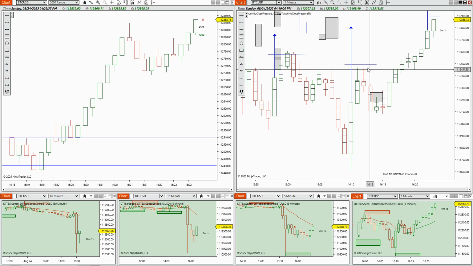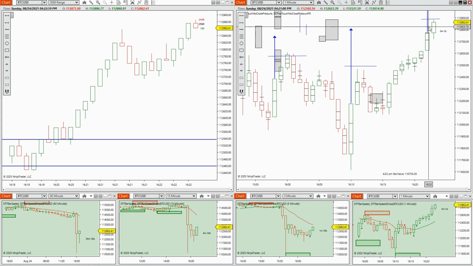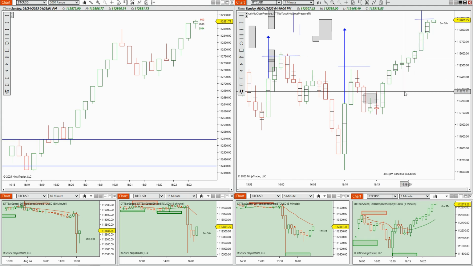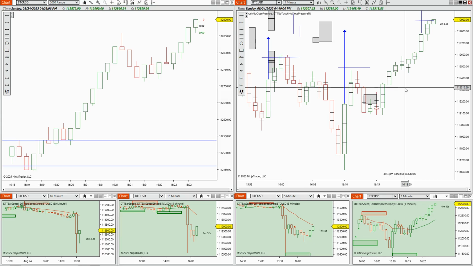That's the thing I want to share with you: when you see the bigger bar, try not to just rush into it. Oftentimes the moment you pull the trigger, because someone has to buy and someone has to sell, there's a matching algorithm out there.